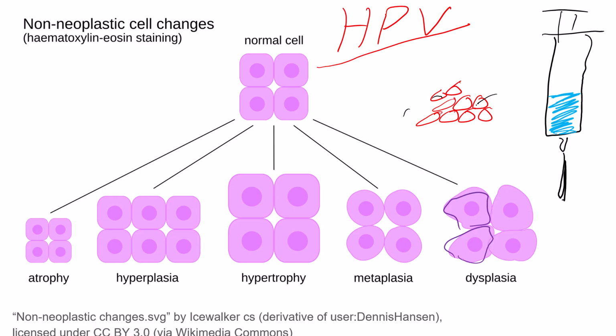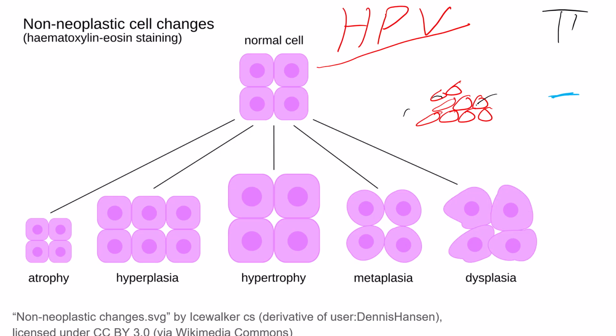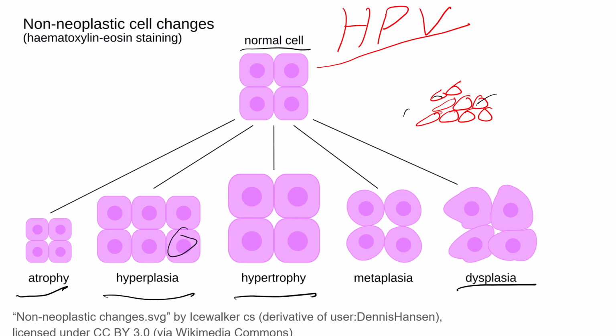So that is just an example I wanted to share with you so you can understand the importance of dysplasia. So just to review, these are normal cells. Atrophy is when they get smaller. Hypertrophy is when they get bigger. Hyperplasia is when they grow in number, so there's more and more cells.